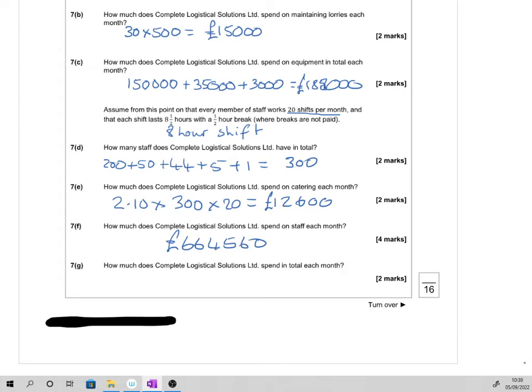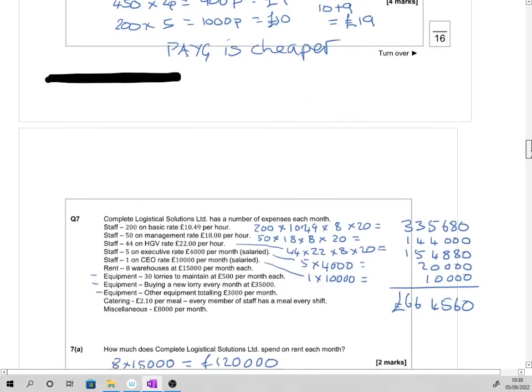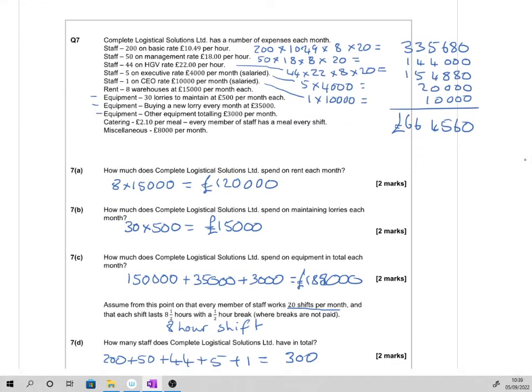How much do they spend in total each month? Oh my goodness. Right. So let's go back here. So we've got all the staff. 8 warehouses at 15,000, that's 120,000.